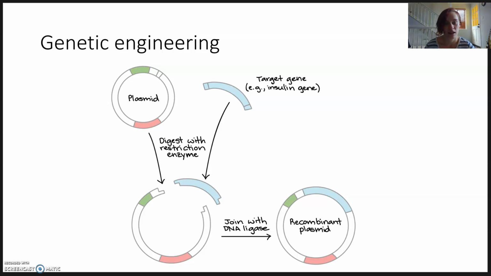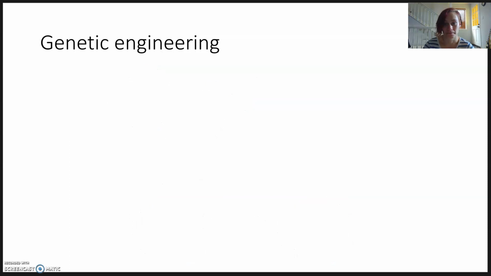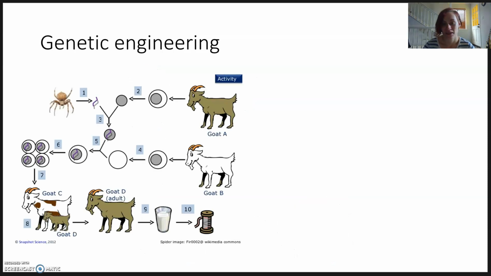And this really is a great example. Insulin production is completed using bacteria by taking a gene of the insulin from, say, humans, implanting it into a plasmid of DNA in a bacterial cell, and then they get that transcription translation going and insulin is produced. Lots of different things can be genetically engineered.